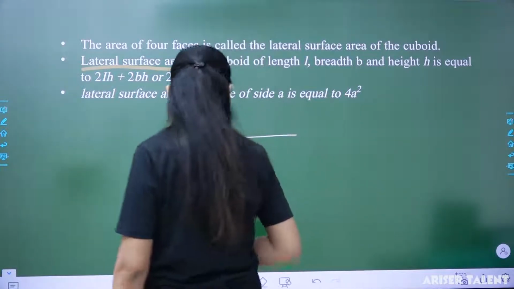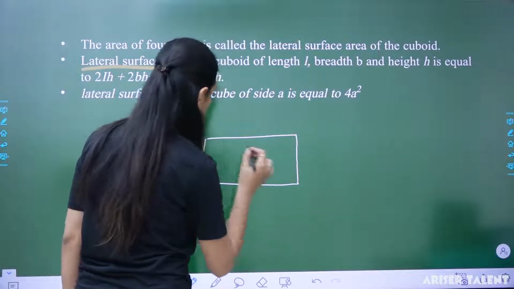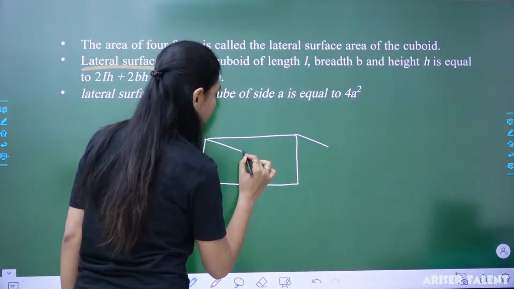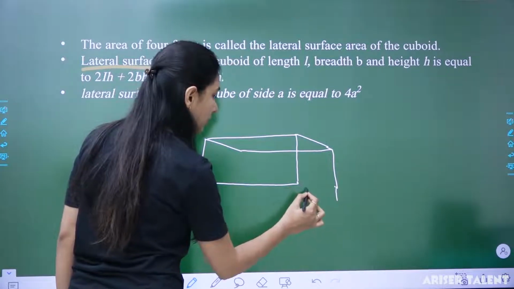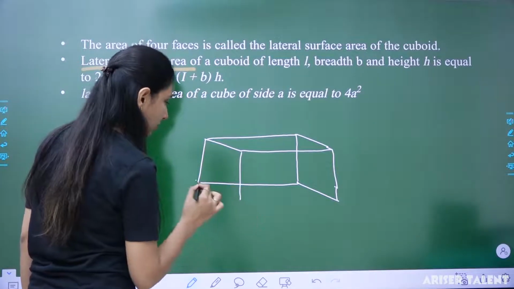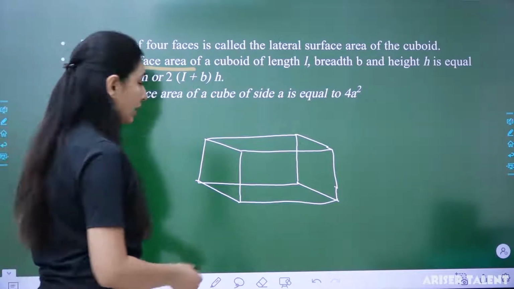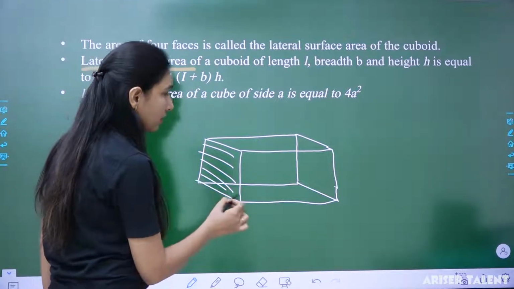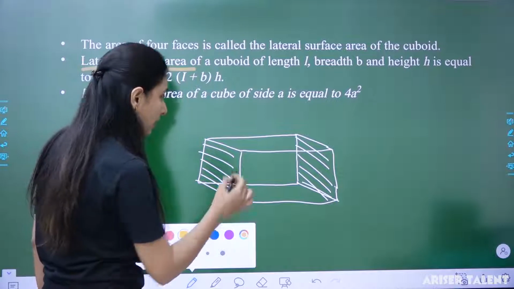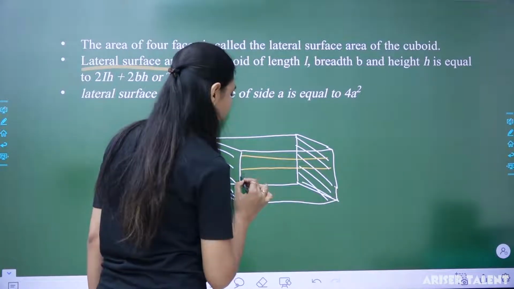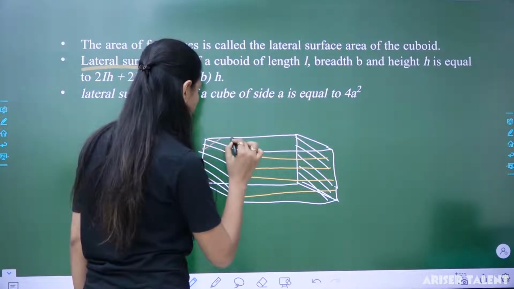If this is your, let's suppose, cuboid, okay, this is your cuboid, the area of the 4 walls matters. That means this is the first one, this is the second one, okay, then the third one and the fourth one.